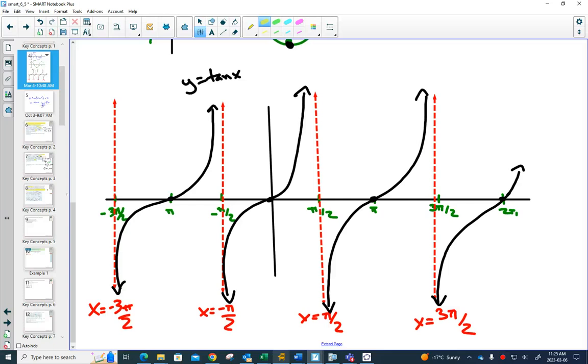Just like we had asymptotes on our rational graph where you had non-permissible values, we have asymptotes on our tan graph at pi over 2 and 3 pi over 2. And at 0, pi, 2 pi, negative pi, that's where your tan graph is equal to 0.